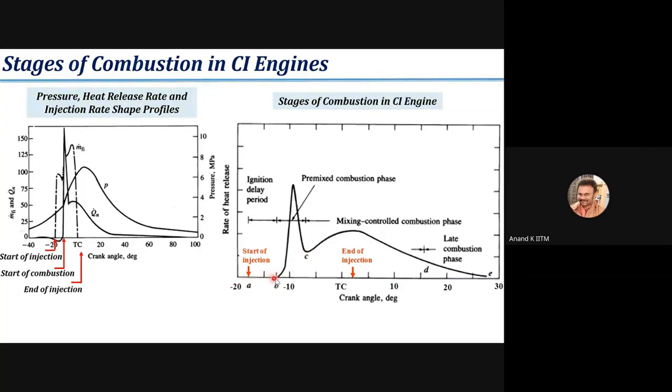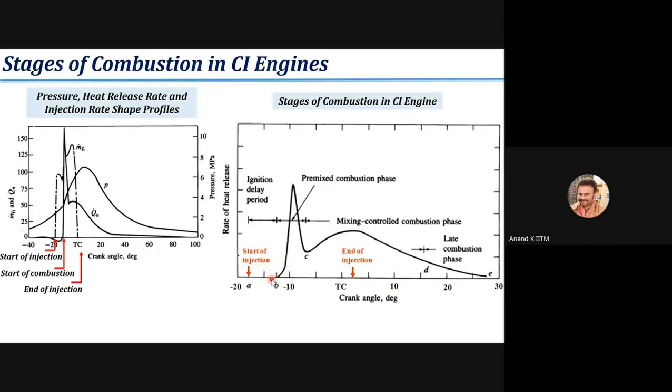Based on how much delay happens in a CI engine, the duration or intensity of this phase depends on the delay time. When there is more delay, there will be a more intense premix phase. If there is less delay, there is going to be a less intense premix phase. So this phase follows the delay time.